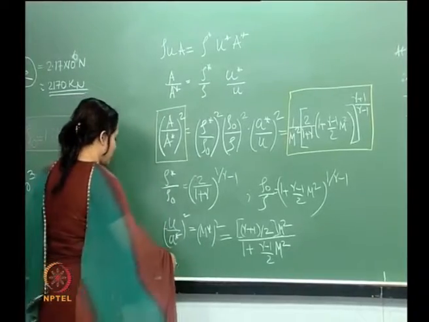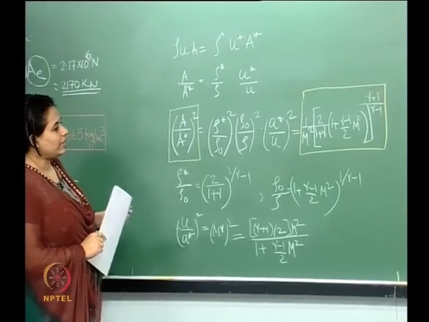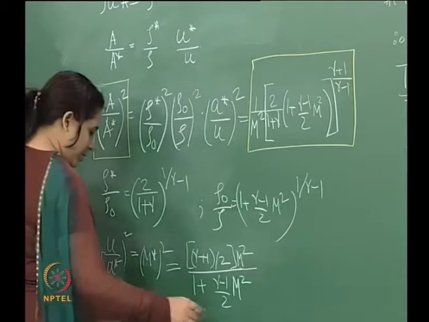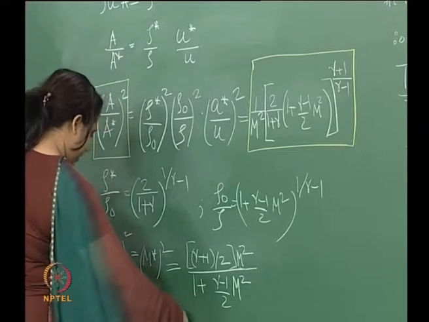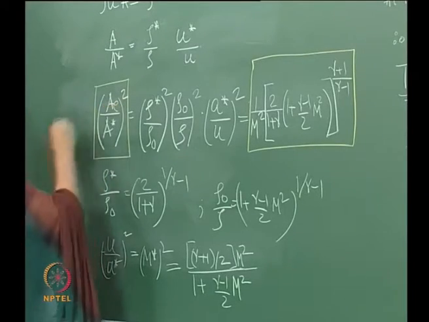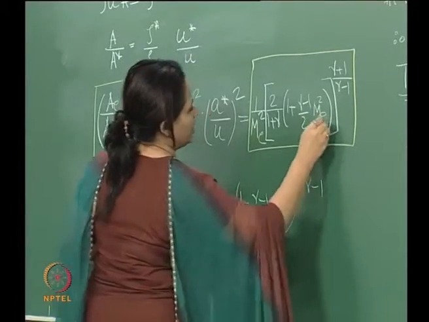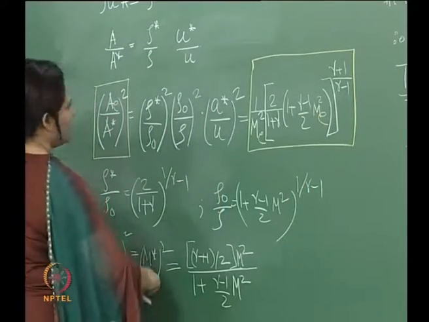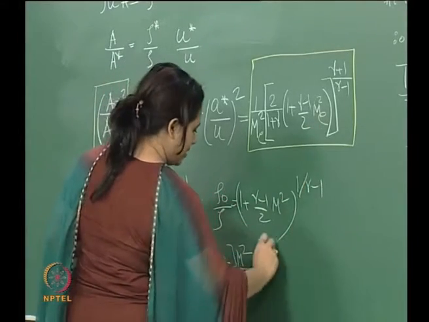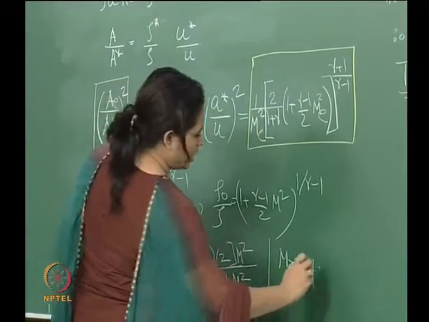In this case, of course, we need the area at the exit, and we have calculated the Mach number at the exit. So if I had to write this, what I need is the area at the exit, which becomes a function of the Mach number at the exit, something that we have calculated, 4.38.